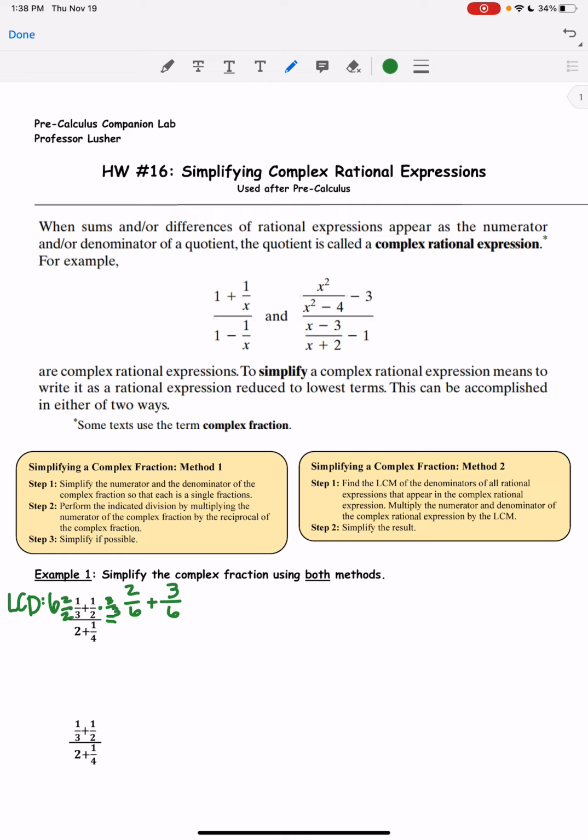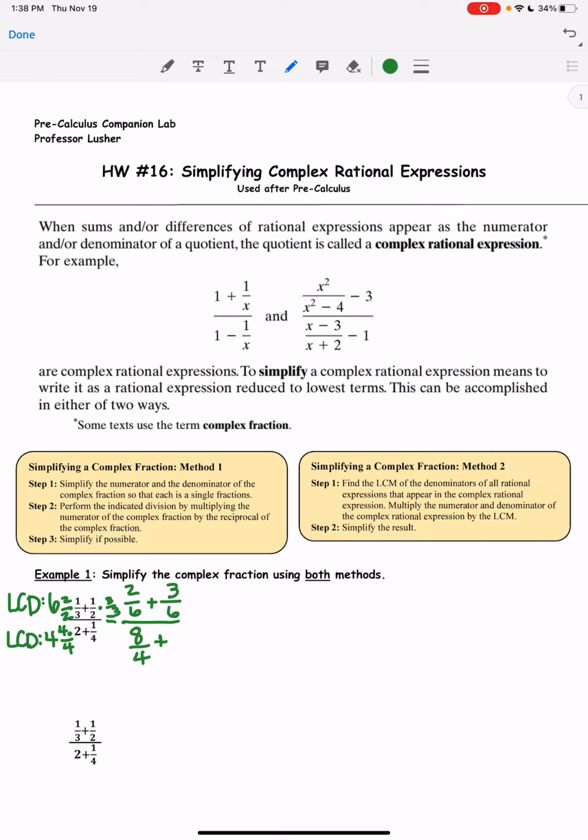Okay, you've got to do the same thing in the bottom. And in the bottom, my LCD is 4. If you only have 1 fraction, then that's what your LCD is. So I'm going to multiply 2 by 4 over 4 to get 8 over 4. And again, 8 over 4, what does that reduce to? 2.